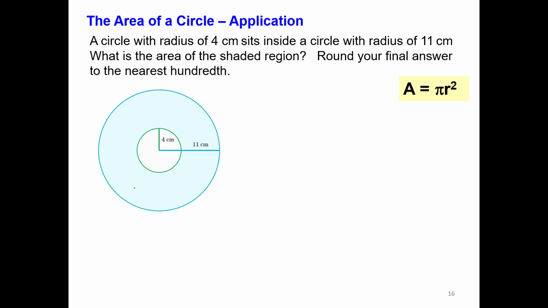Then for the big circle, let's write here the large area, maybe it will be better. Large circle, and this will be the area for the small circle. And the area of the shaded region will be the area of the large circle minus the area of the small circle.